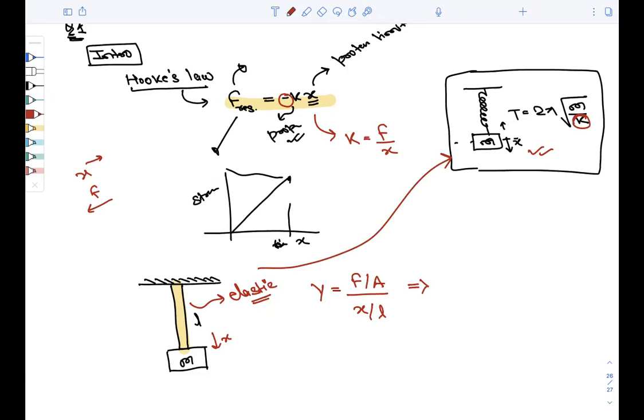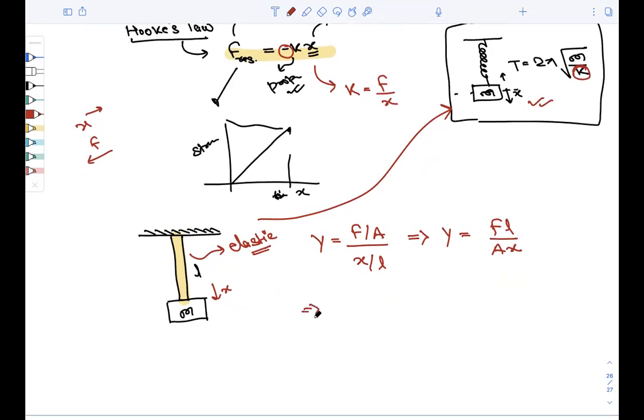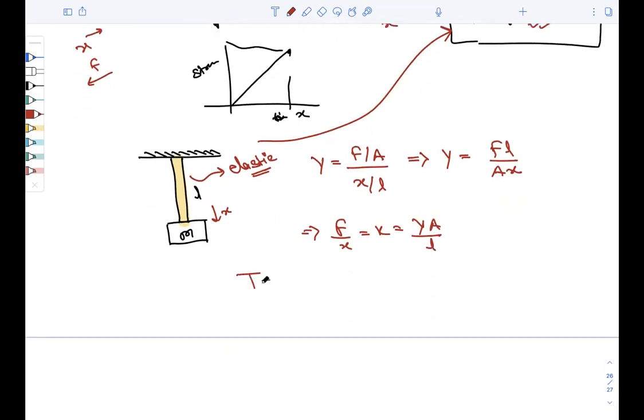From here, you can write F L by A X, so F by X, that is K, equals Y A by L, where Y is the Young's modulus. So the time period will be 2 pi root under M by K, that is 2 pi root under M L by Y A.